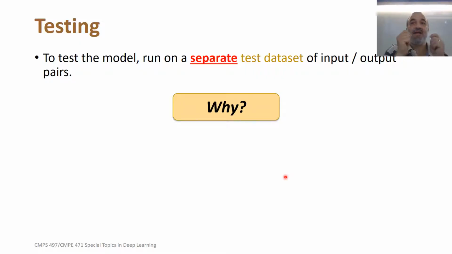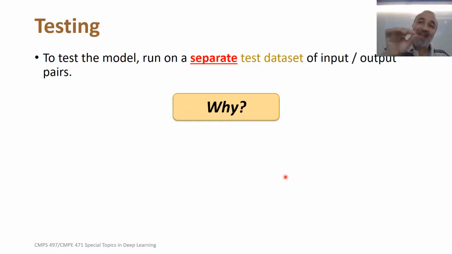It will see data it never saw in training. So this is what we call generalization. We want to get an indication of how general the model is, how it generalizes. Generalizes to what? To unseen data, to data that was never seen by it before.